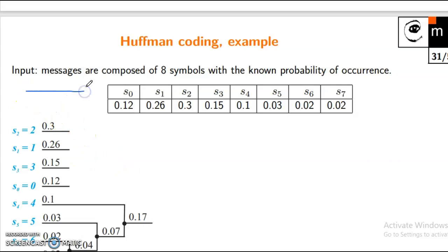Input messages are composed of 8 symbols with the known probability of occurrence.